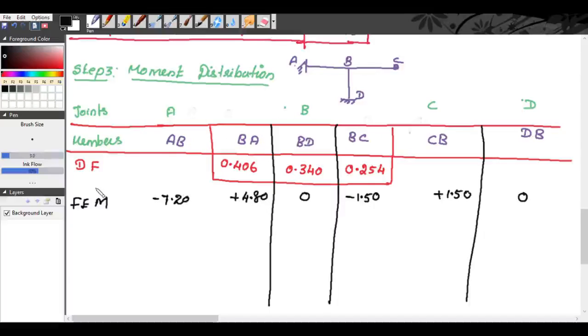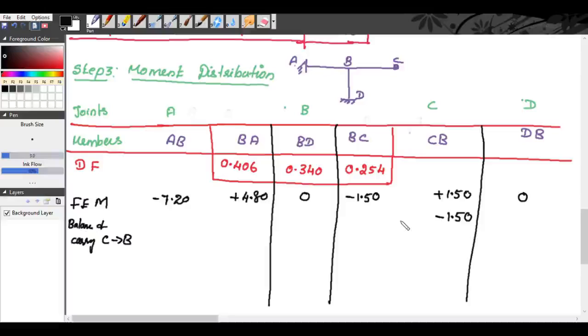So in the next step, we have to balance and carry the moment from this simple support, that is from C to B. First of all, we will balance C and carry it to B. C is plus 1.50, so balancing we get minus 1.50.